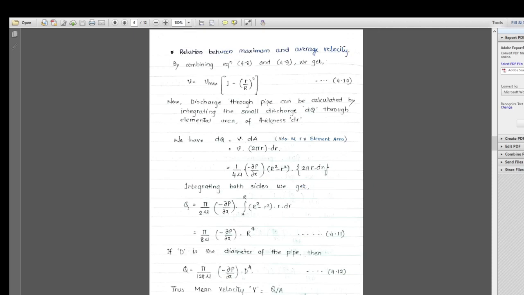Now the discharge through the pipe can be calculated by integrating the small discharge dQ.